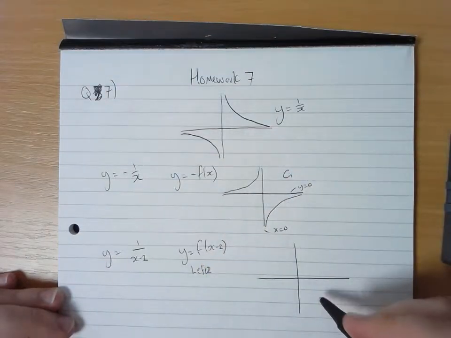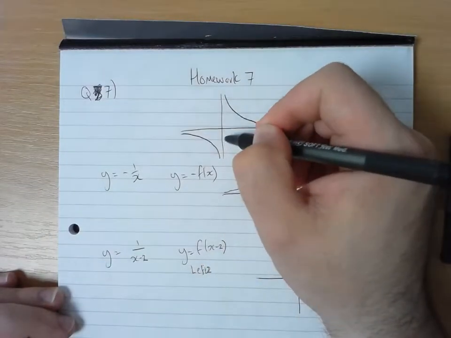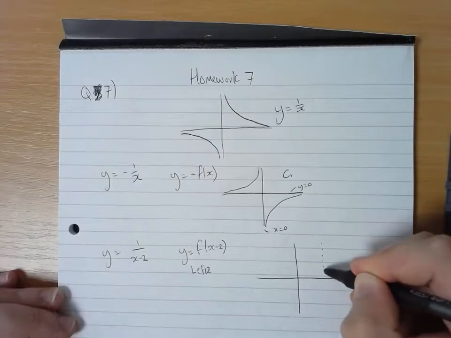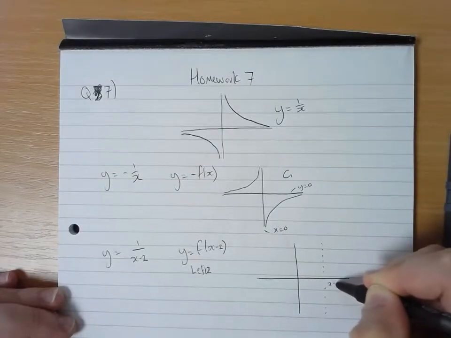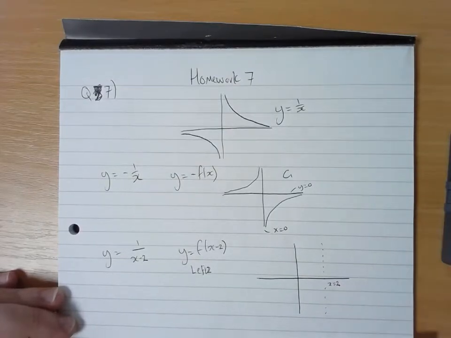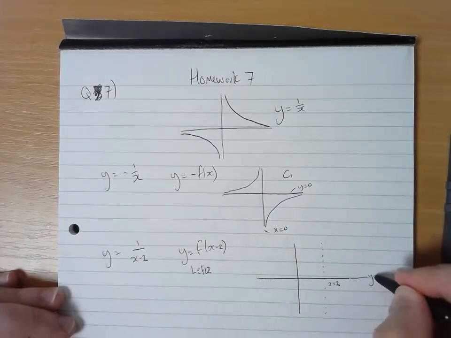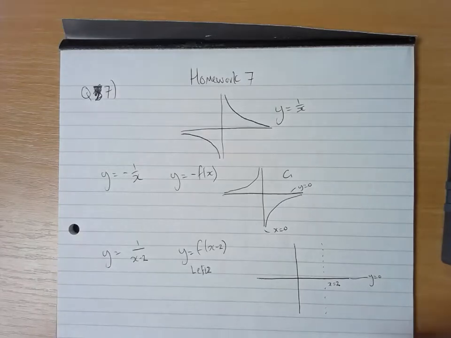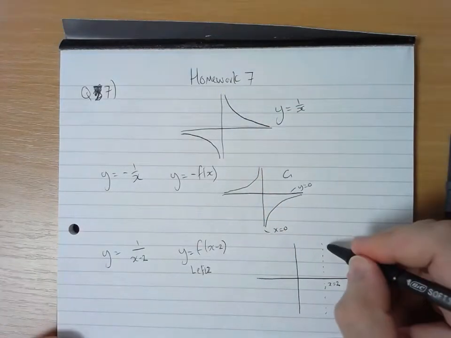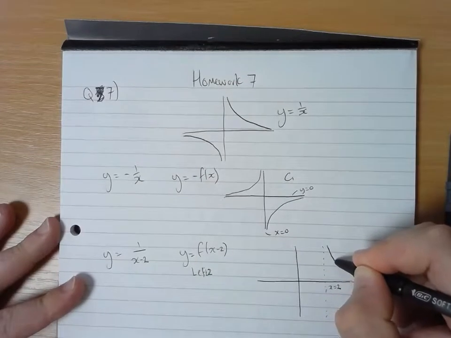So this asymptote here, which is at x equals 0, is now going to be here at x equals 2. We're going to still have an asymptote here at y equals 0. And our curve is moved along, so it now goes like this.